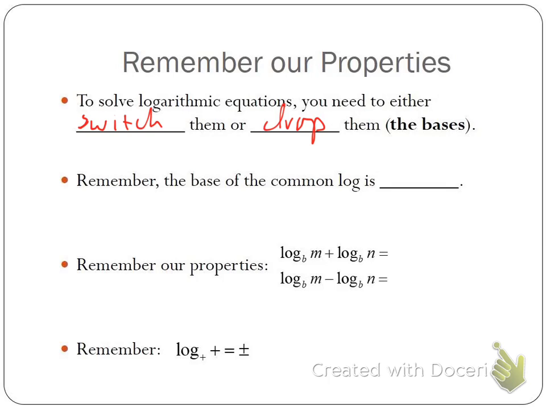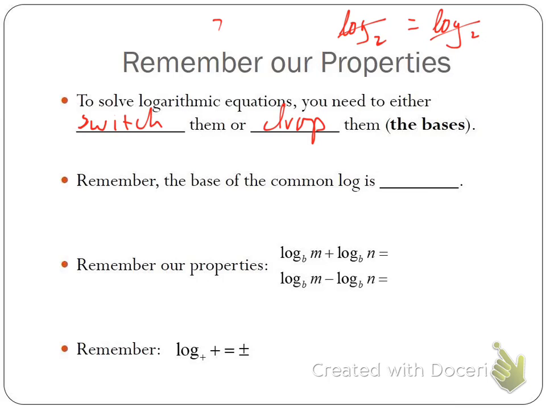What we mean by switch them or drop them is we have already seen that if you have the same logarithm on each side of the equal sign, as long as they have the same base, you can just drop them, right, and solve whatever the arguments are equal to.